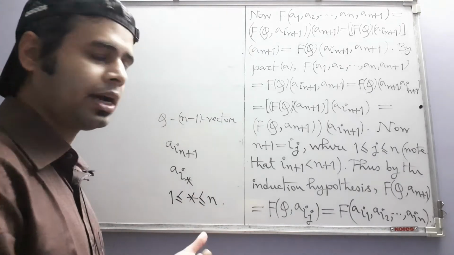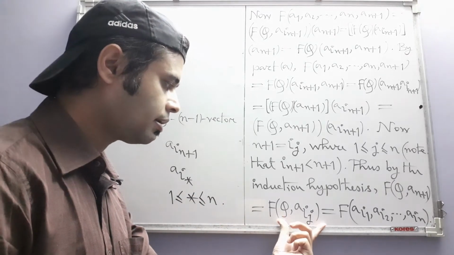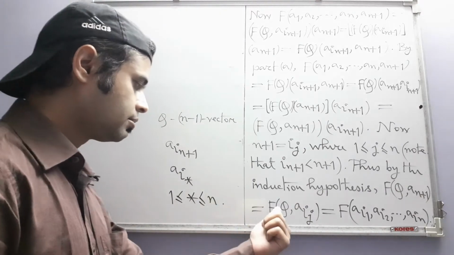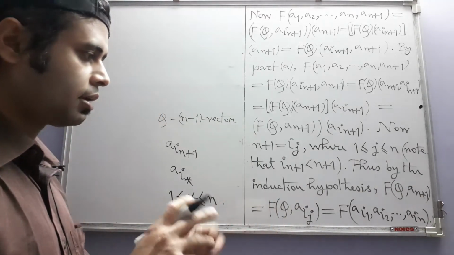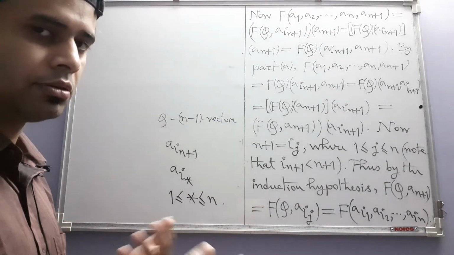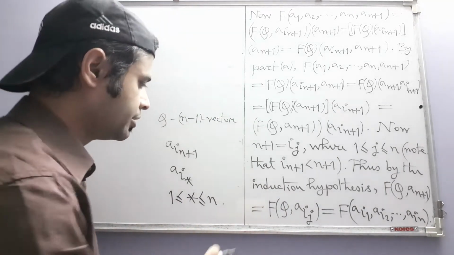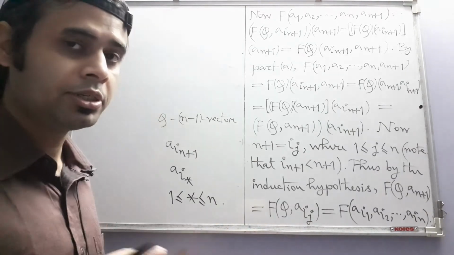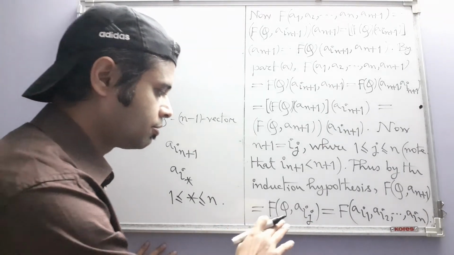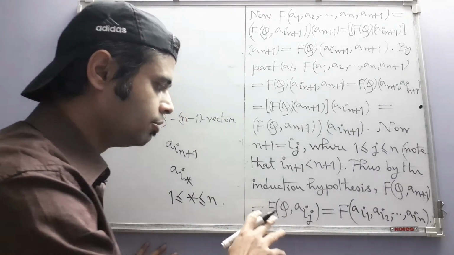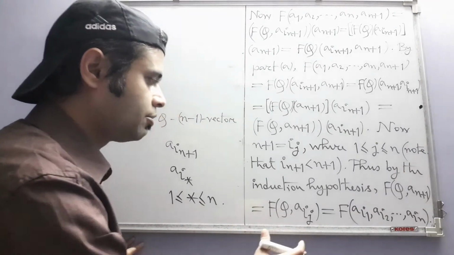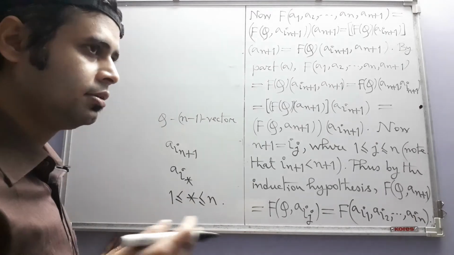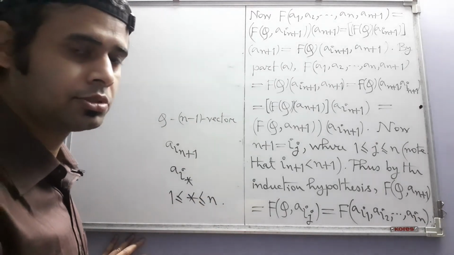And in fact we have all of them, because we are dealing with a permutation, so there is no repetition of indices, so there is no fear of losing any index, or gaining any foreign index from outside.